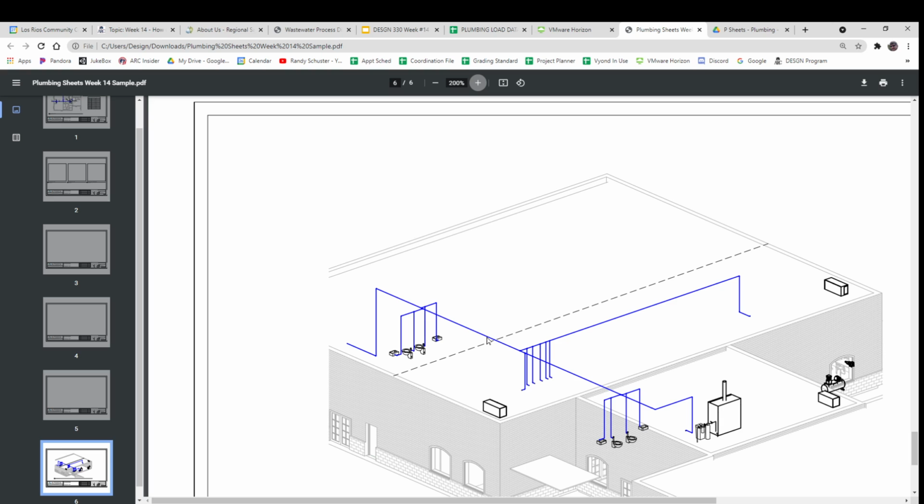Fortunately, Revit does it for you. It figures out something called the critical path. If everything were to open up at one time, there's one place where my pressure loss is the most, and that's called the critical path. And it might be going through here and all the way down to here, or it might be coming through here and over to this sink, or it might be coming all the way over to here.